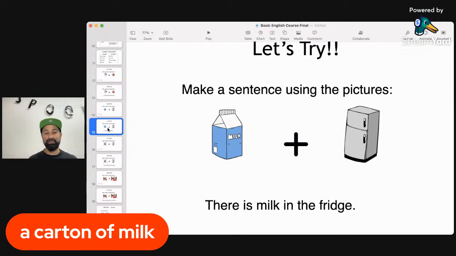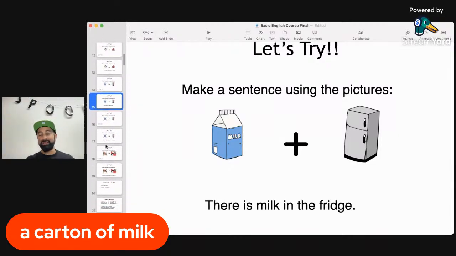Gallon means 4 liters. So 4 liters of milk. Remember, any uncountable noun can become countable. Milk, we say a carton. We had the word bread. Bread was uncountable, but we can make it countable. We can say a loaf of bread.